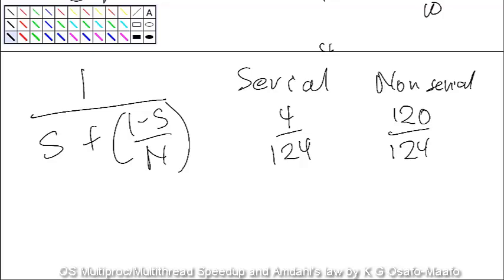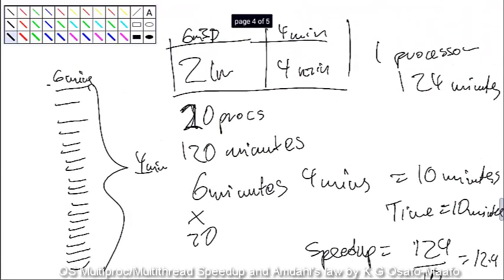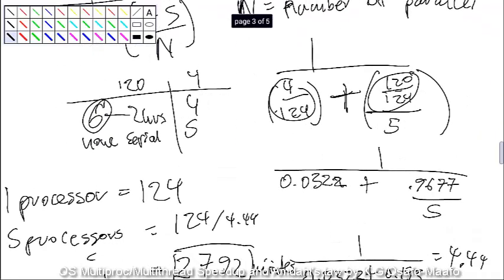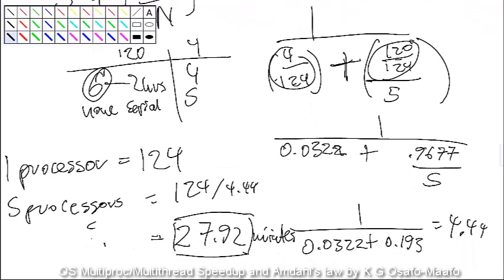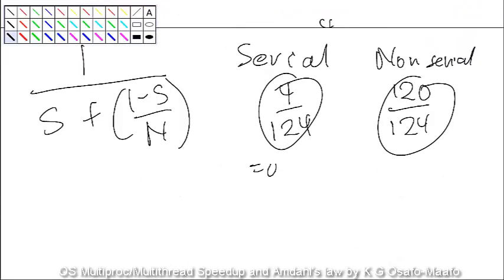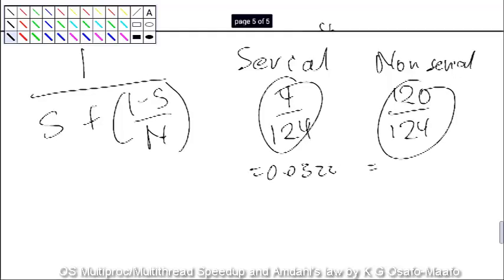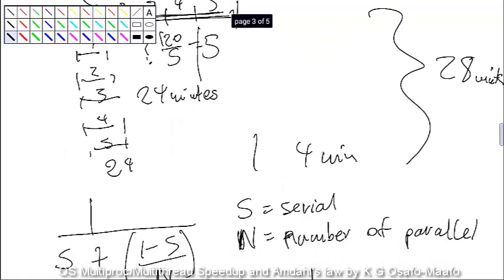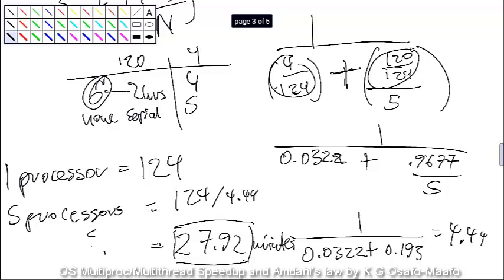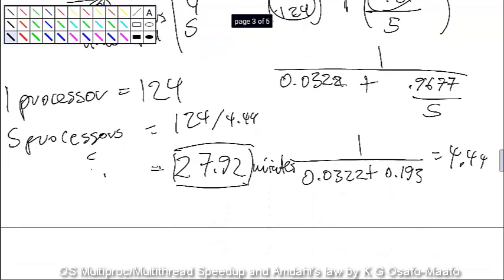I think we did these computations before. We knew what this was and we knew what this was. Previously we said one of them was 0.0322. And the other one was 0.9677.